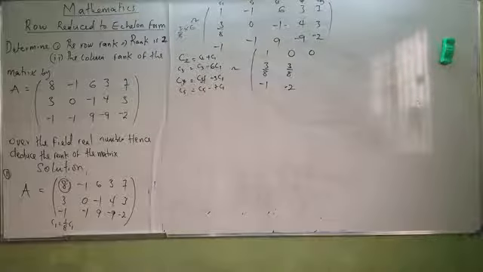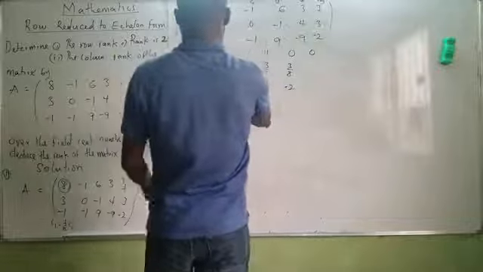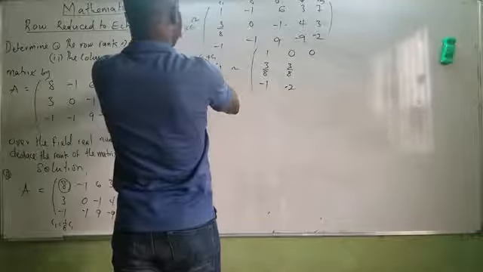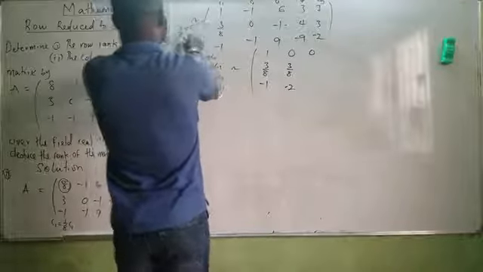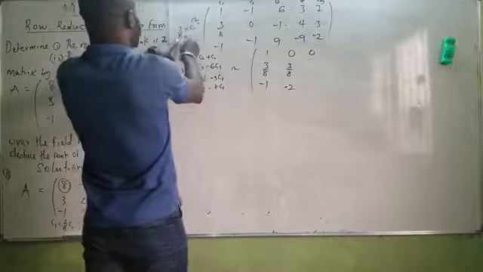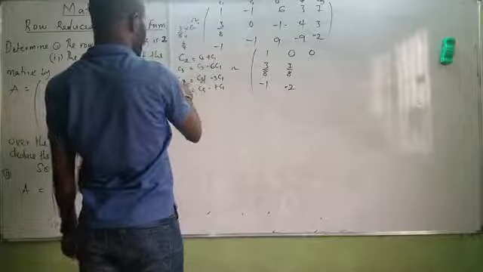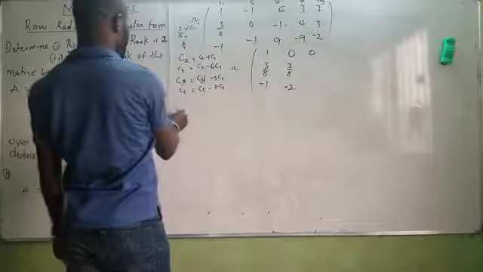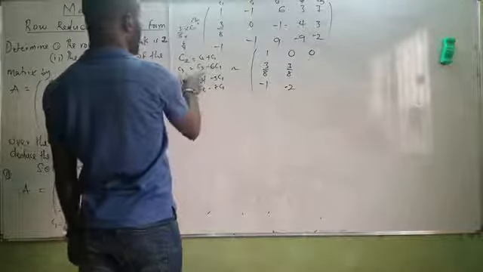Now I can say, what else do I need to do? 6 column 3, which will be column 3 minus 6 column 1, which I'll be having 2. Here will be 2, here will be 4, which will be 6 all over 4, which will be column 1.